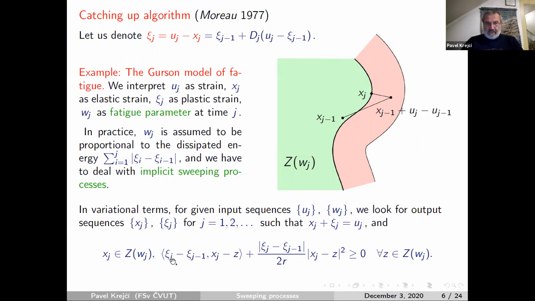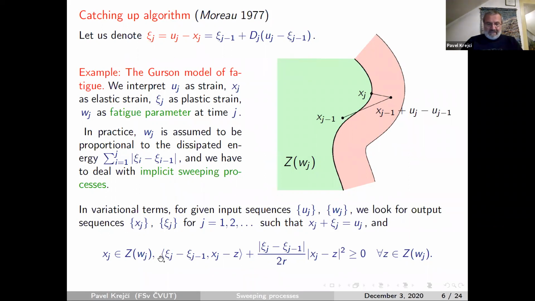Again, xj plus xj is uj minus z, then there is the quadratic term describing the non-convexity, and this has to be satisfied for every test element z in Z(wj). Okay, so this is the discrete case, and we would like to pass to the time continuous case.